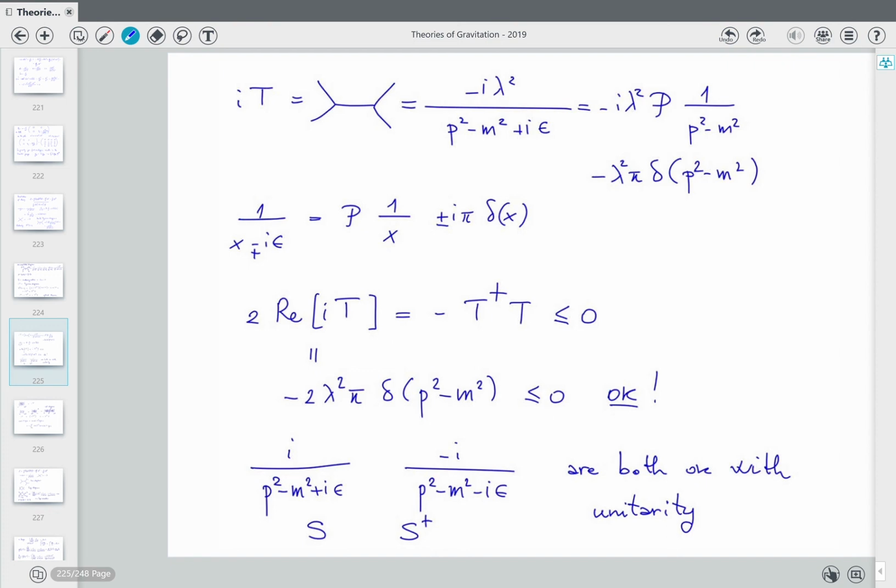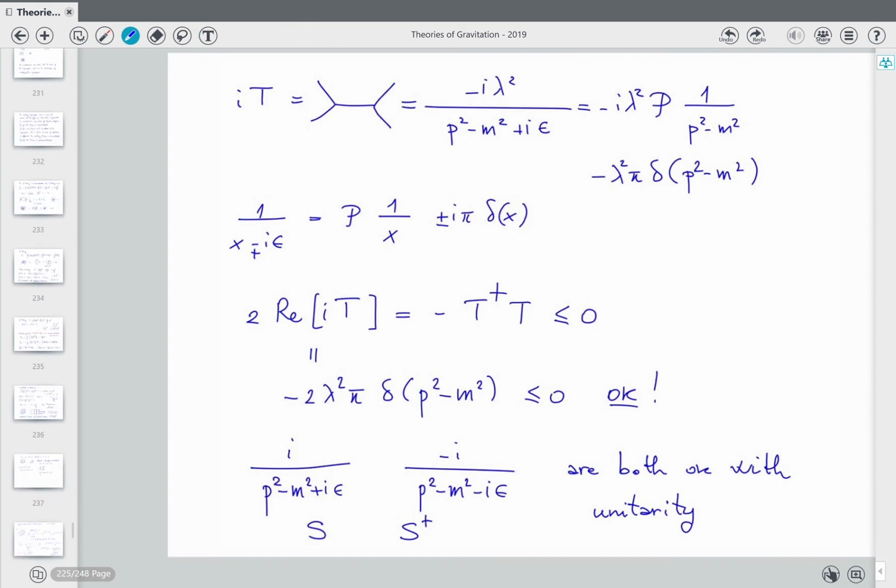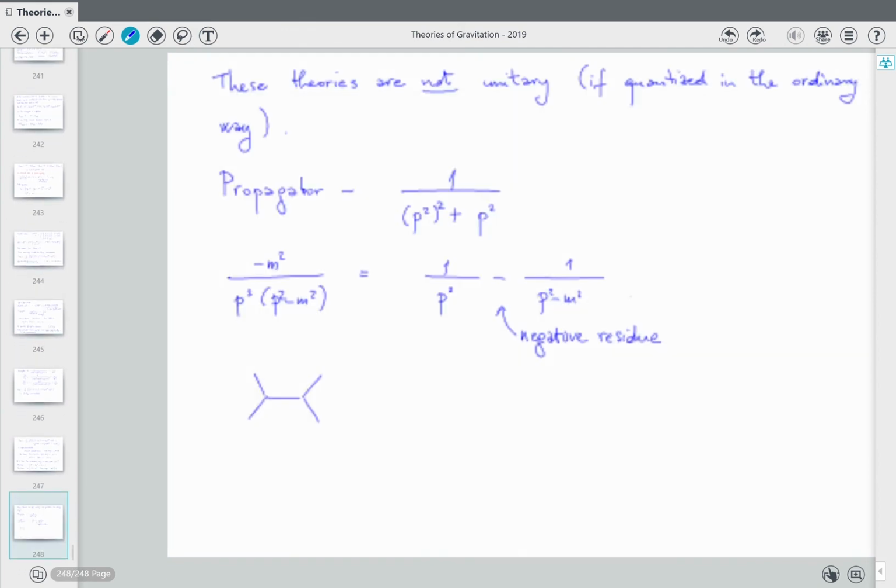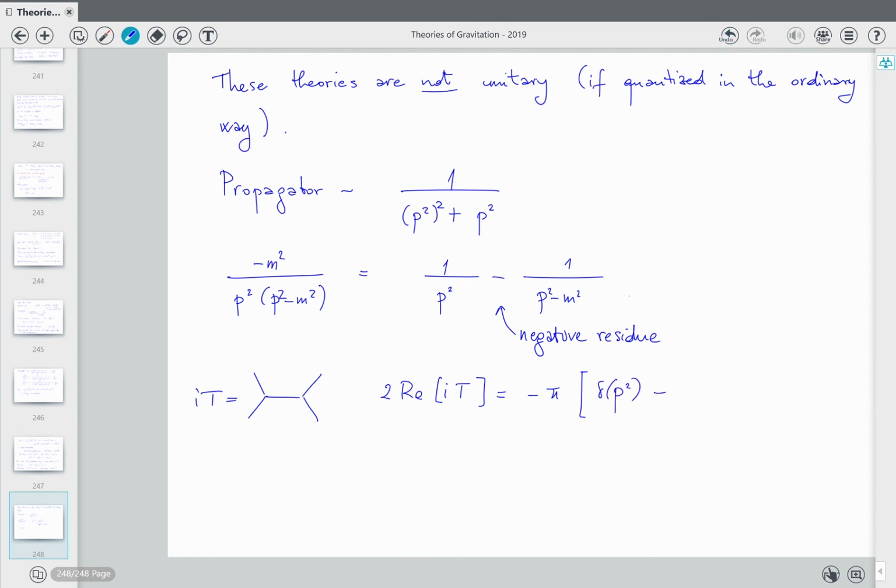The real part is minus pi times the difference of two delta functions, the one with the correct sign, but the other one is not okay.